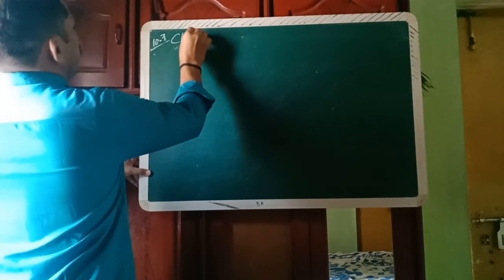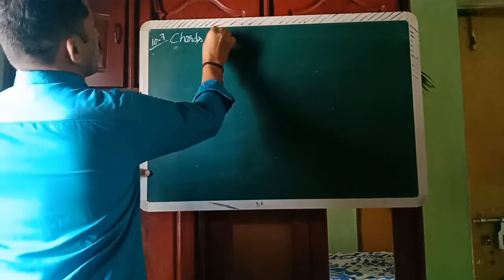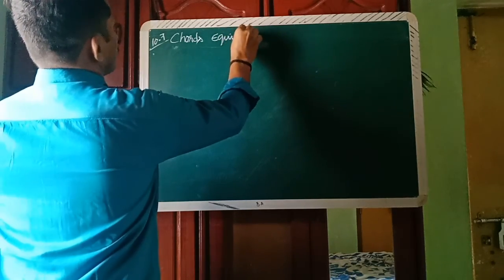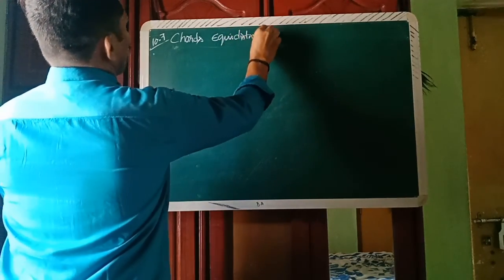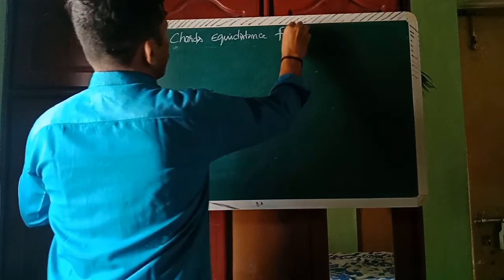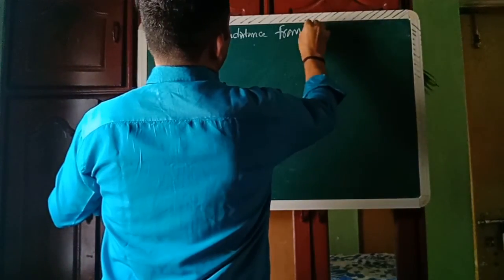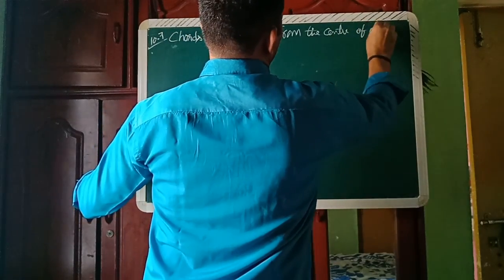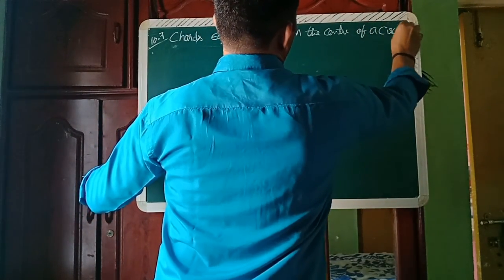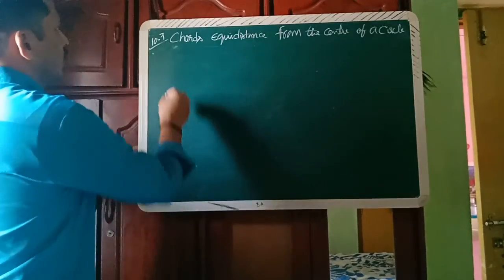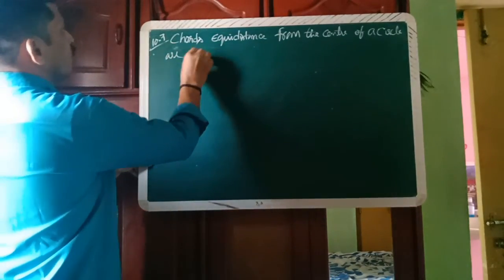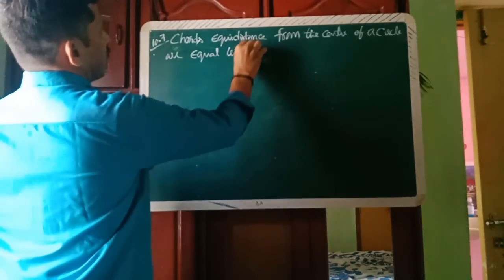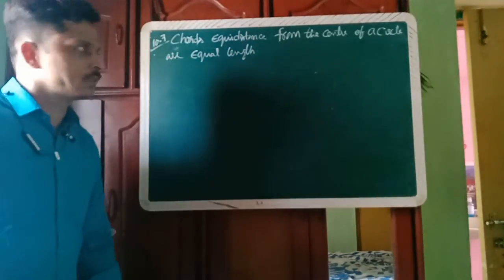Chords equidistant from the center of a circle are equal in length. This is the converse of the above theorem, 10.6.